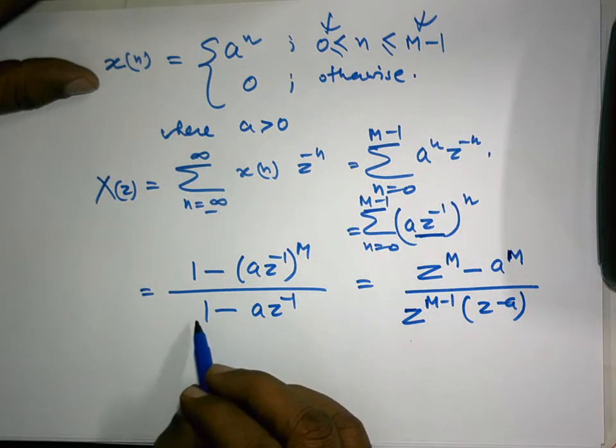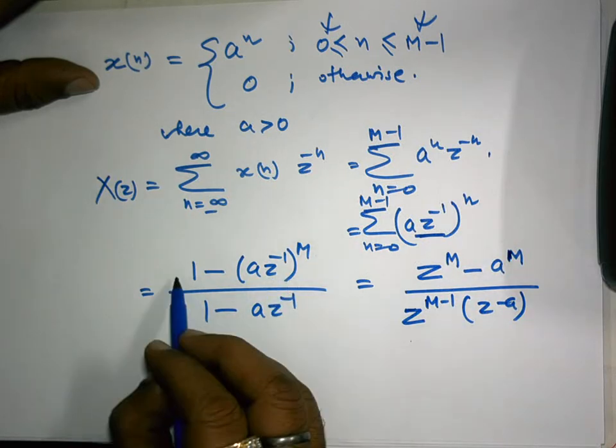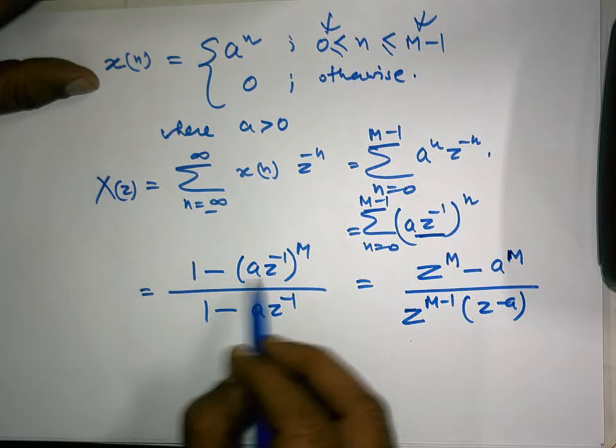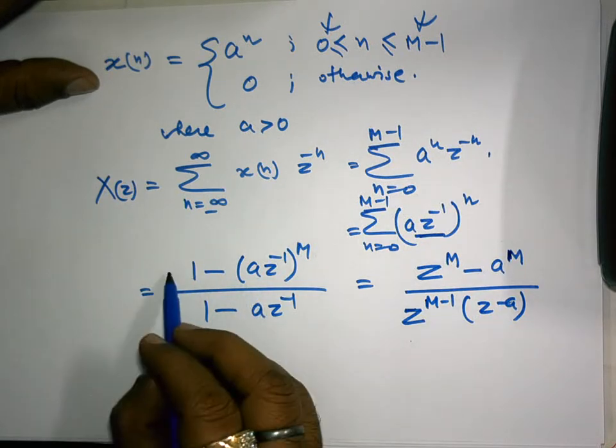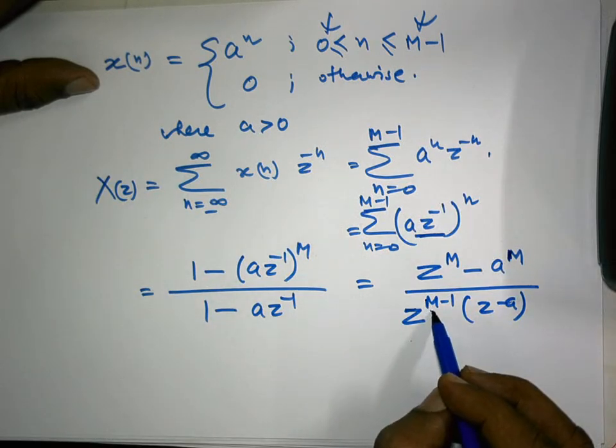So, this will be equal to z minus a, and you will take z to the power minus M outside from here. So, this will become z to the power M minus a to the power M. On this, z to the power minus M will come over here. So, this will become z to the power M. So, just by this mathematical manipulation you get this expression.